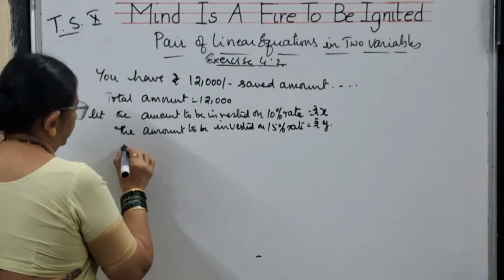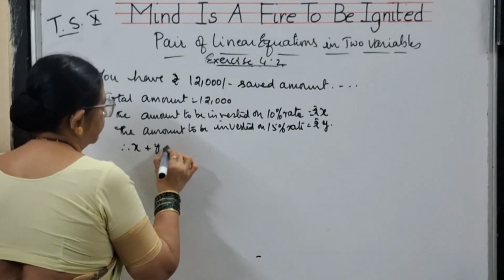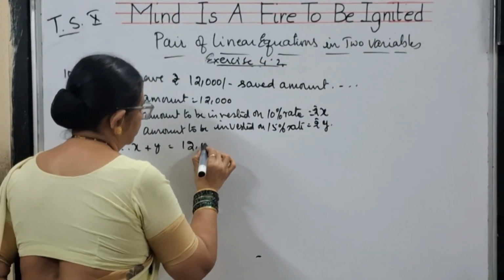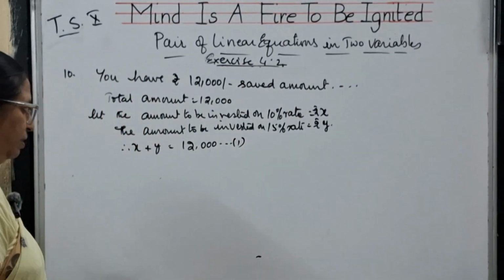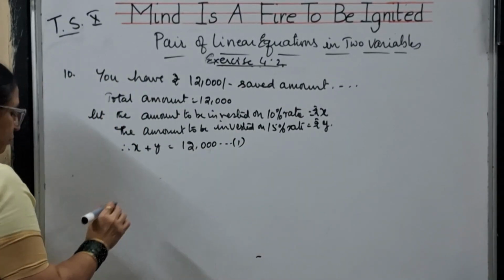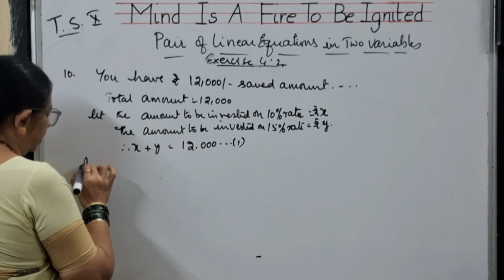So what equation are we getting? x plus y is equal to 12,000. This is the first equation. And what is the second equation?